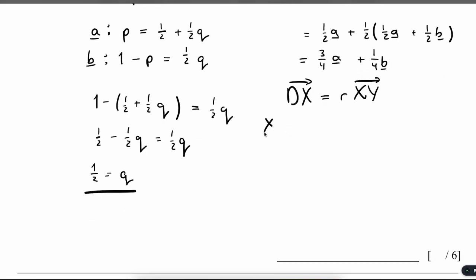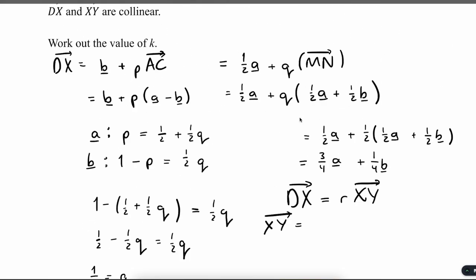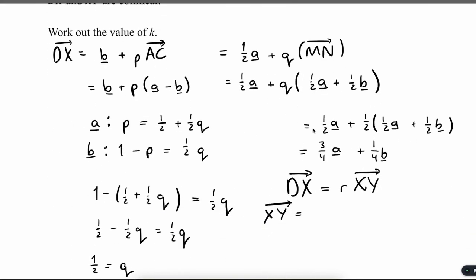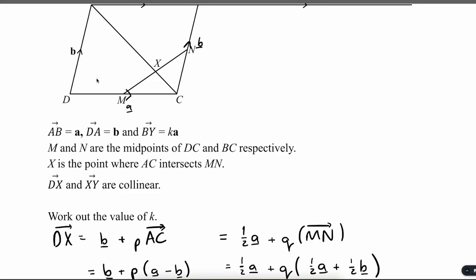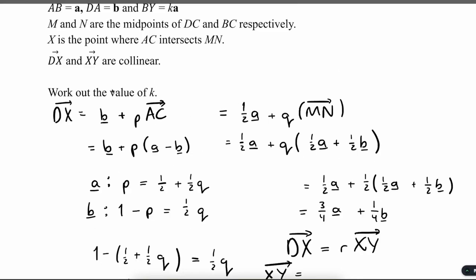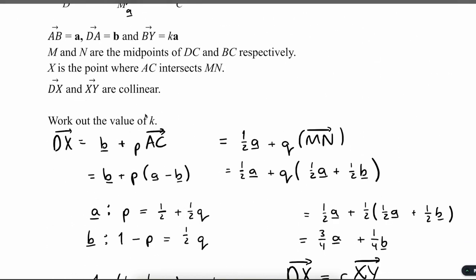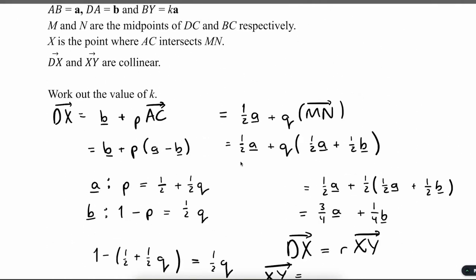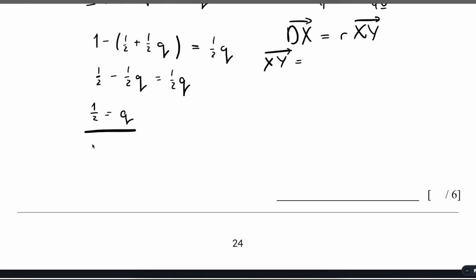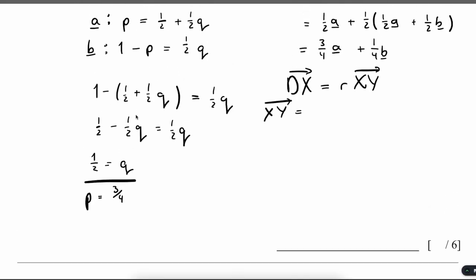XY is equal to, well, we can go to XA. Now XA is actually P lots of CA, because we've used PAC equals AX, and we found that P equals 3/4 using these equations here.